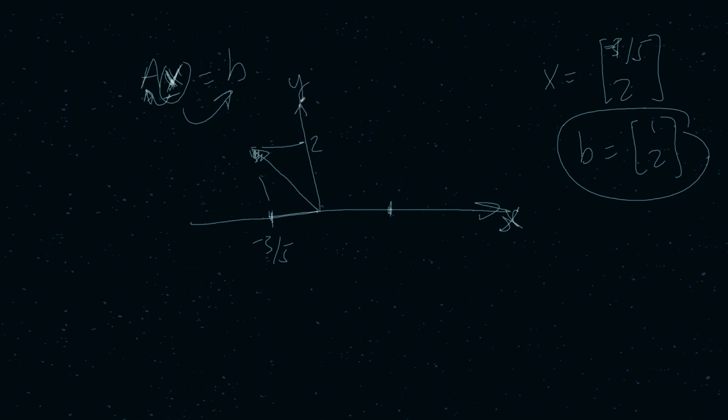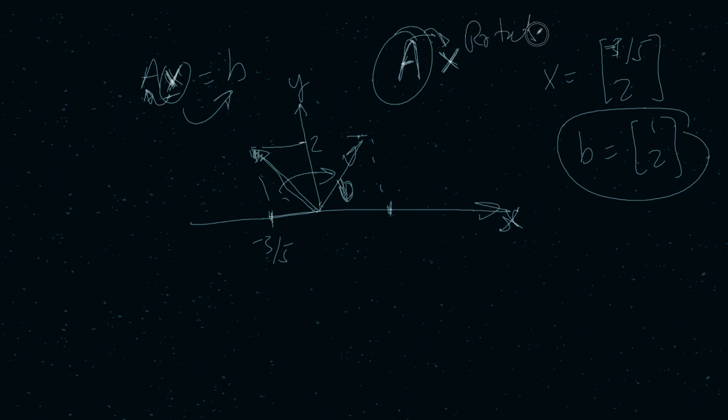So it is 1 in x and 2 in y, and the resultant is this one, the B vector. By multiplying A by x, we rotate the original vector x toward this vector B. So remember in general that the projection of any vector x in any space or by any matrix A, the impact of matrix A on x will be rotation and scaling.